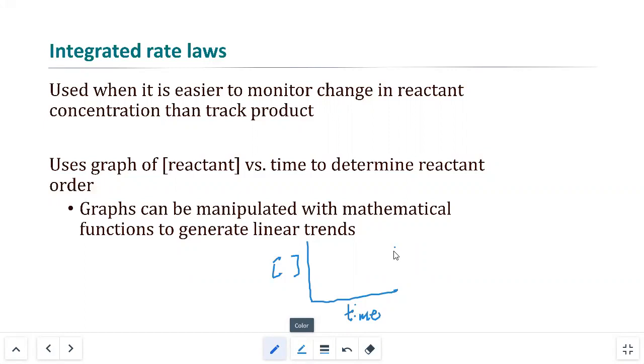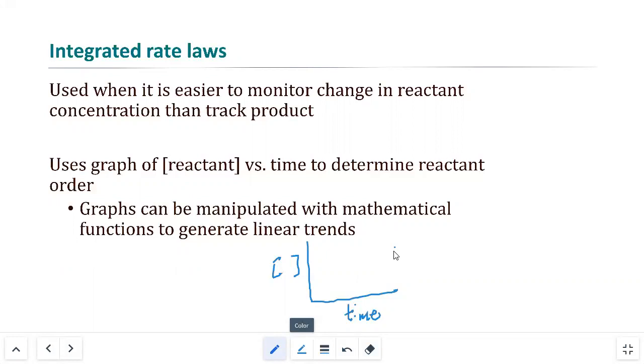What we'll find is that working with a linear plot is going to be the easiest, because in general, we all understand slope-intercept form. And slope-intercept form is very easy to work with. And so these integrated rate laws are no different. What we're looking for is linearity.